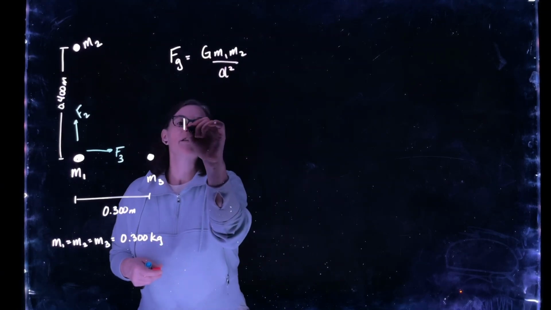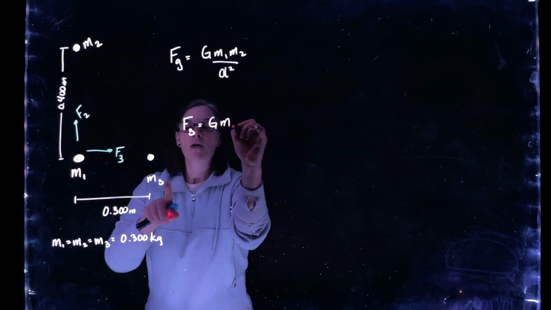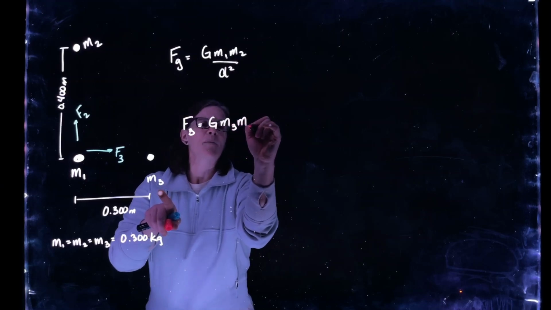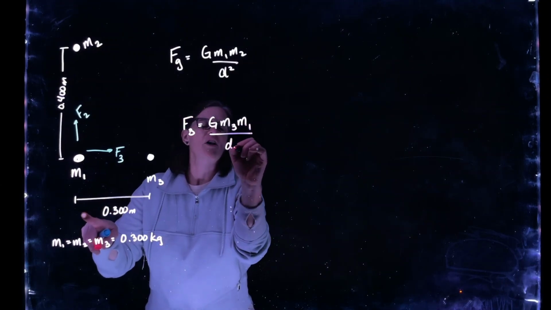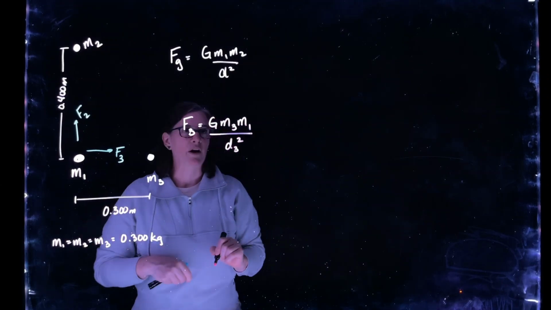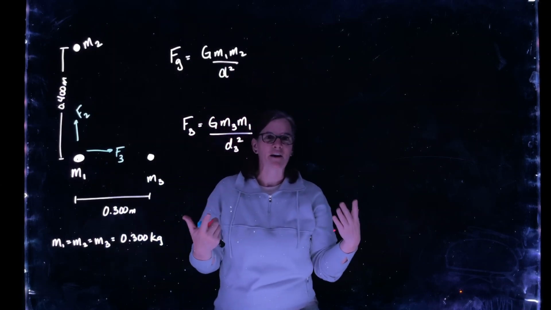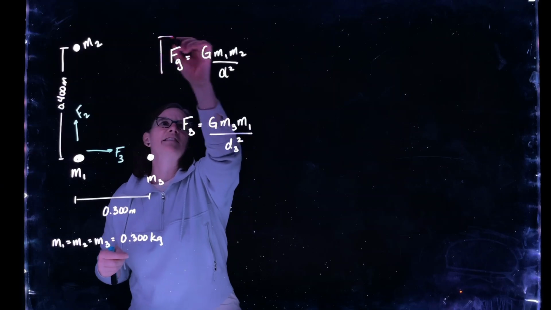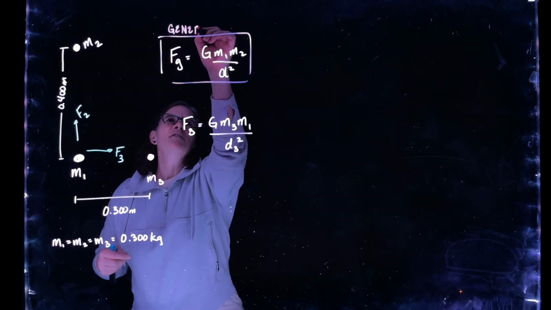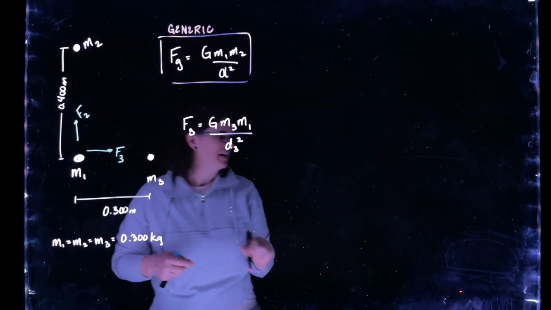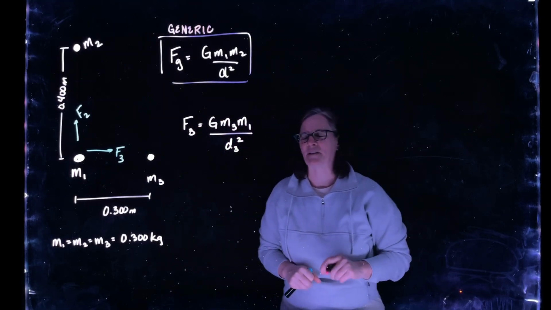So force 3 is going to be G times M3 times M1 all over the distance, I'm going to call that D3 squared. Now, keep in mind, this M1 and this M2 are generic. This is that generic equation. So although this is the force between M1 and M2, I'm not using M1 and M2 in that particular example.